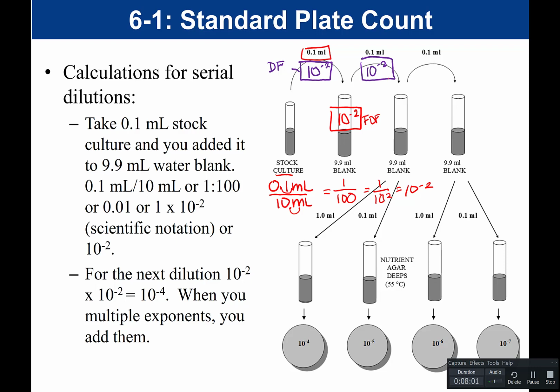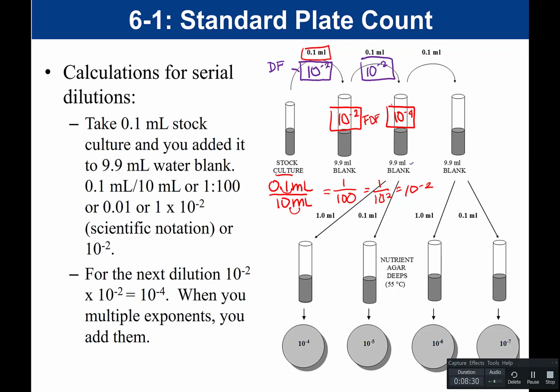So what you need to do to determine the concentration of this tube is you're simply going to add the exponents. So if I start out with 10 to the negative 2 and I dilute it 10 to the negative 2 more, that means that my dilution in this tube is 10 to the negative 4. That's my final dilution in that tube.